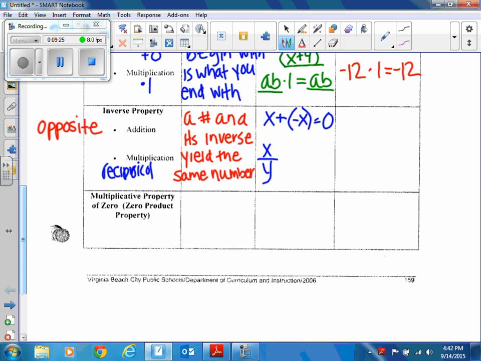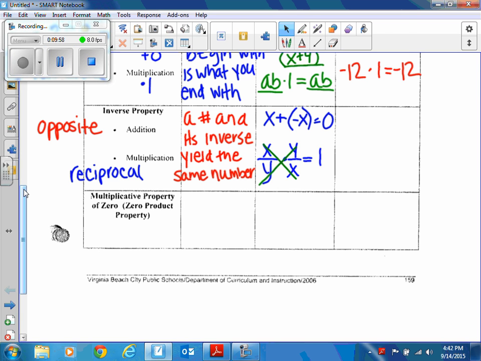So the reciprocal of x over y, we're going to multiply by y over x. And what happens here is these will cancel each other out and you're left with 1, because you have x here and y here. Those cancel themselves out and you're left with 1. So that is the inverse property. It's the opposite.